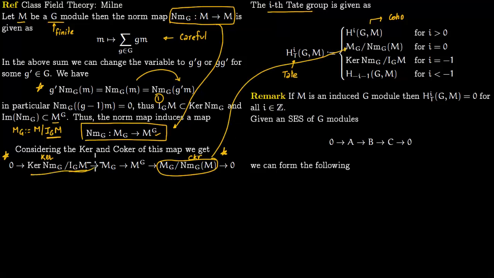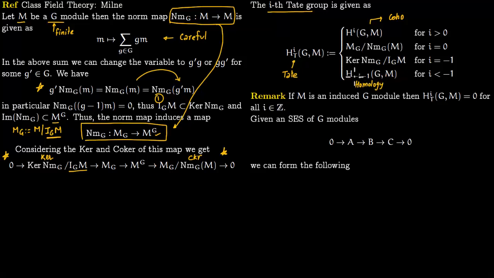And for i equals -1, this kernel right here is going right here. So 0 and -1 are coming from here and here. And for i less than -1, you have the homology groups. So these are the homology groups.